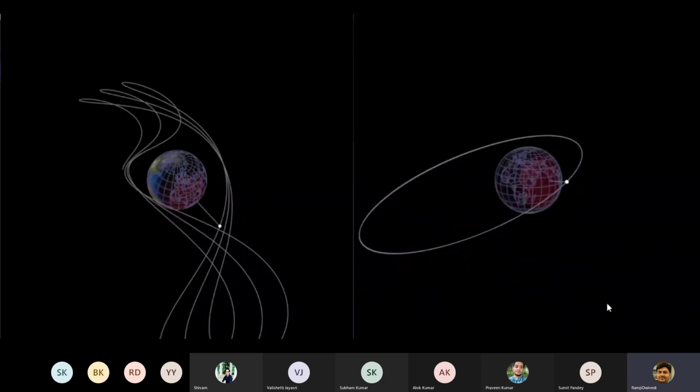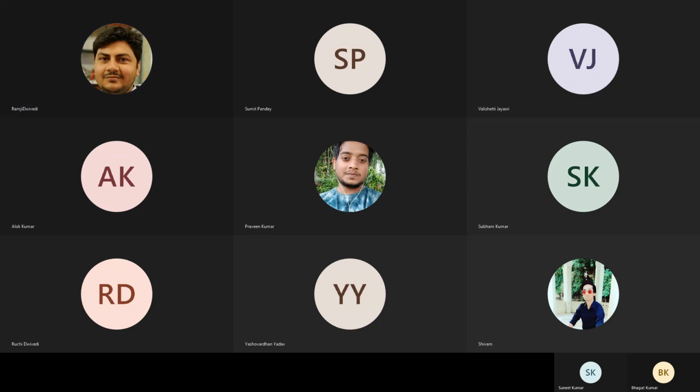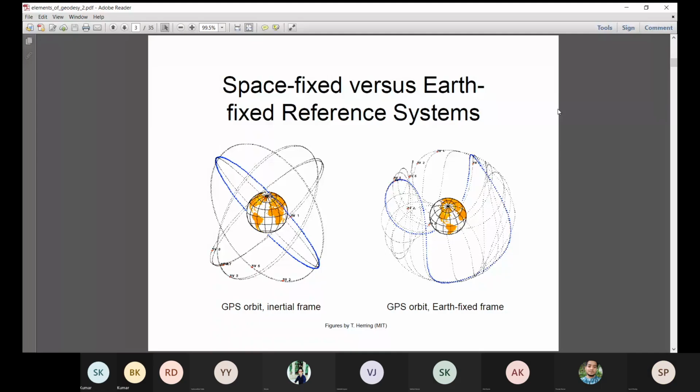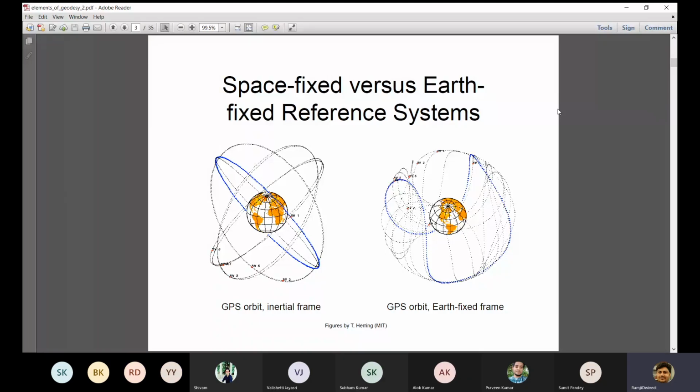So that's the difference between the two. These are the two basic differences between your space fixed versus Earth fixed reference frame.